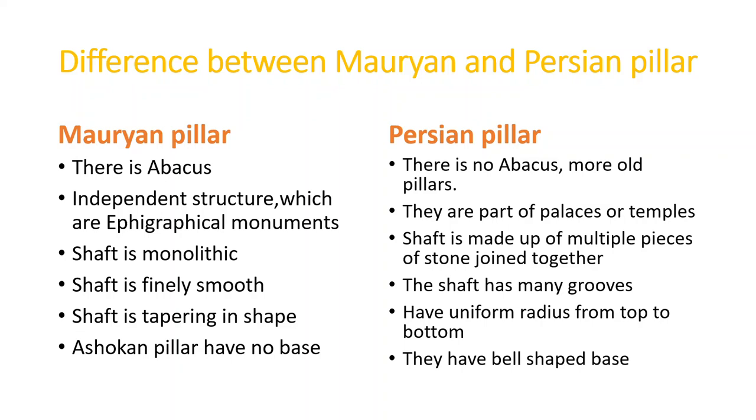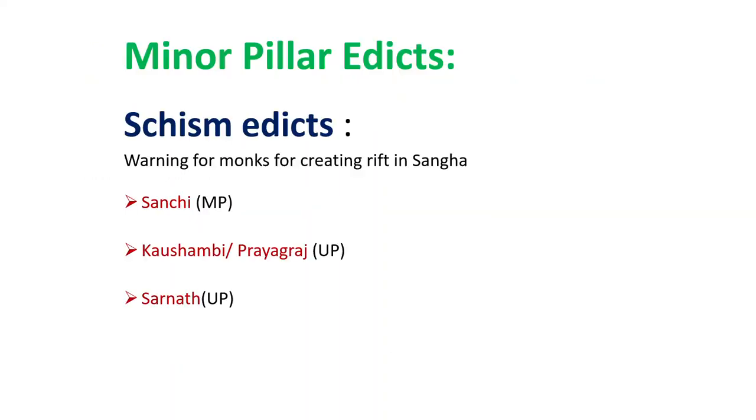Now we have both minor as well as major pillar edicts, as in the case of minor and major rock edicts. The minor pillar edicts mainly have two functions. The first function is the Schism edict, which is a warning for monks against creating a rift in the Sangha.